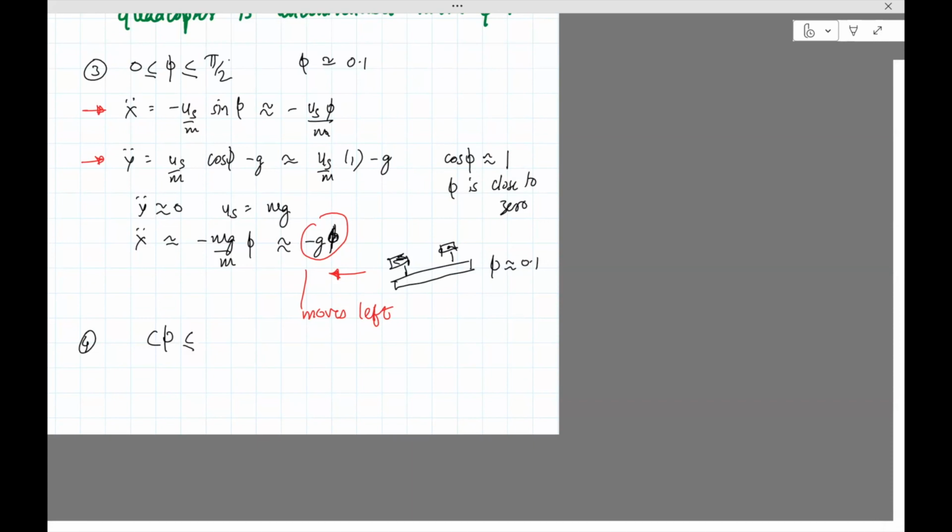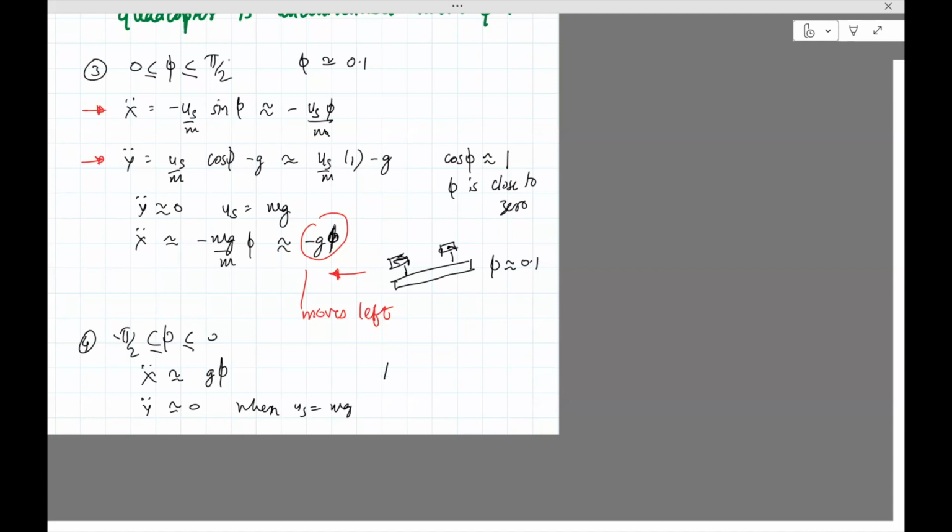Okay, similarly, if you consider the other case, phi is minus pi by 2 to 0, then you'll see that x double dot will be equal to g times phi, and y double dot will be 0 when us equals mg.